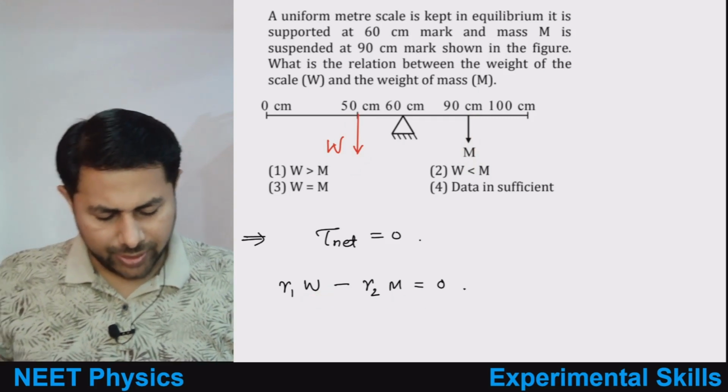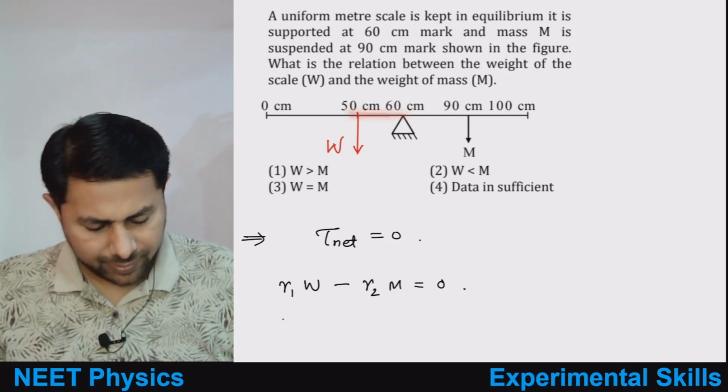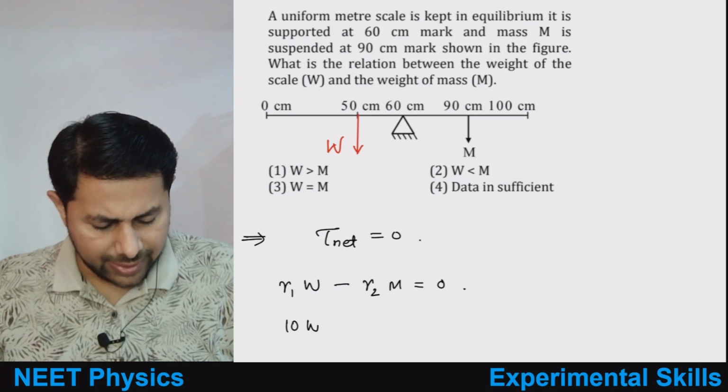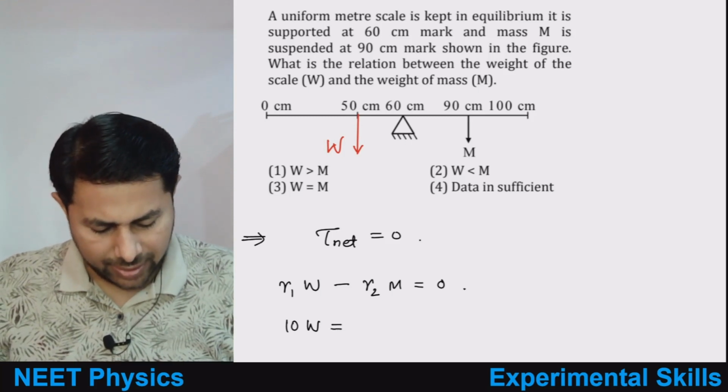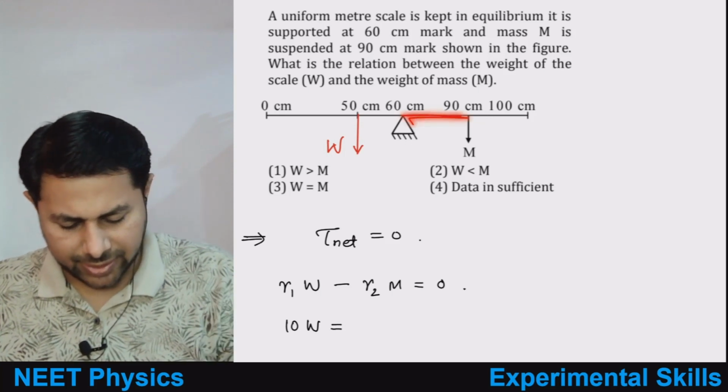So put the values. R1 is 10 centimeters. So 10 times W is equal to R2 times M, and R2 is 90 minus 60, this much distance is 30.